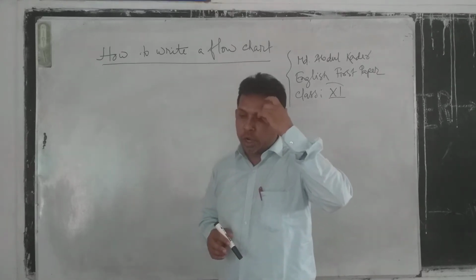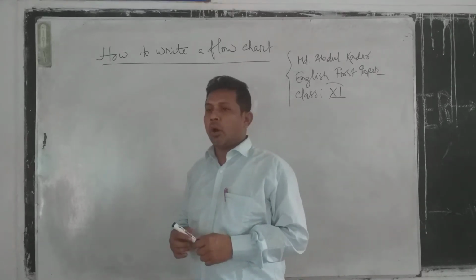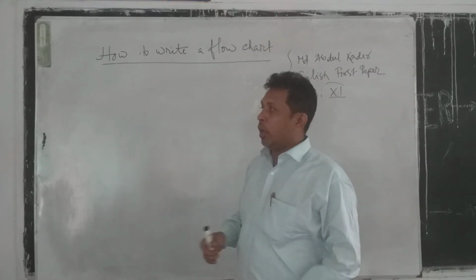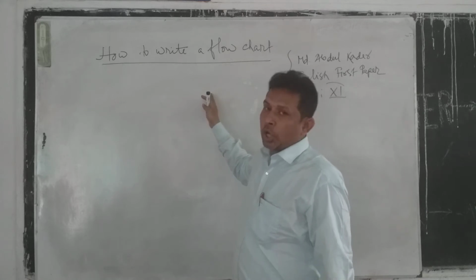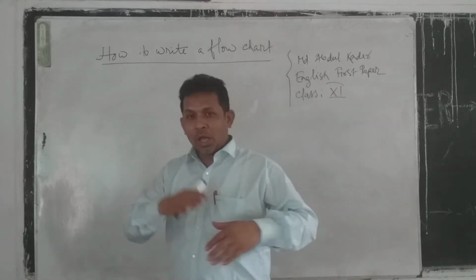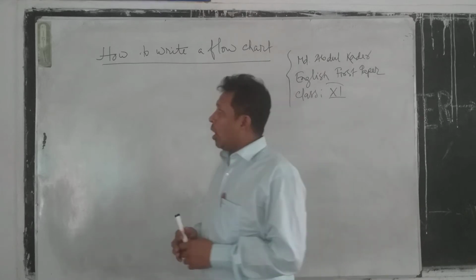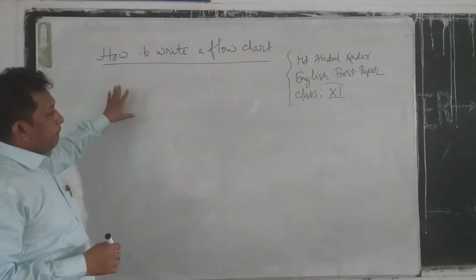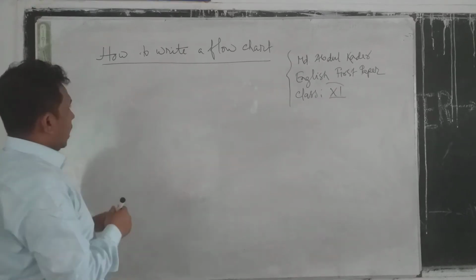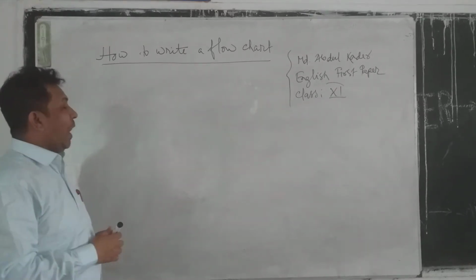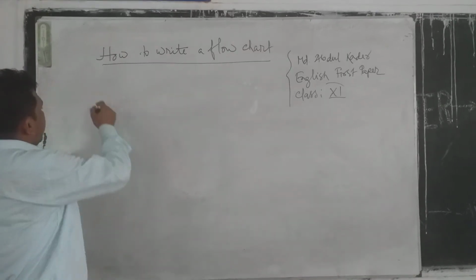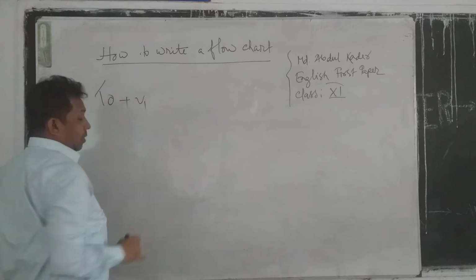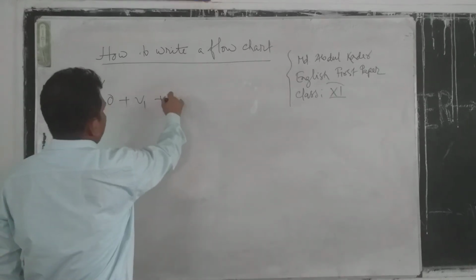Whenever you go to answer any flowchart, you have to write short notes. Short notes, how will you write? I want to show you on the whiteboard that there are different ways. First of all, you can have B1 plus extension.